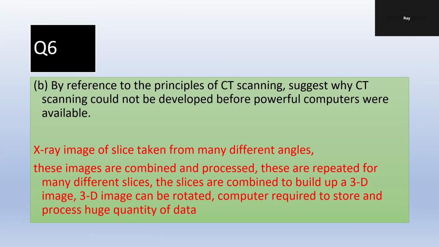So you need a computer program, and each time you take an image, the program has to tell you how to add the different intensities together at different angles to build up the image of the section of the body.